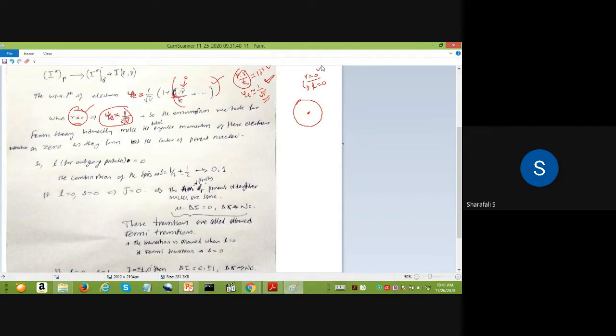From that we can see that when you make psi_e become 1 by root V, automatically your angular momentum will become 0, because this term becomes 0, which is equivalent to substituting r equal to 0.